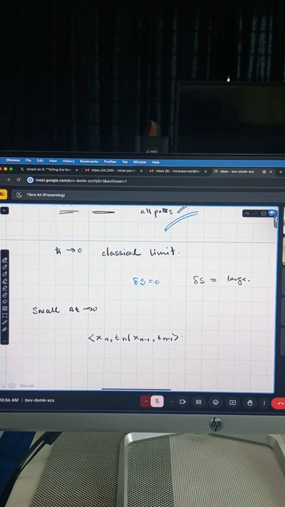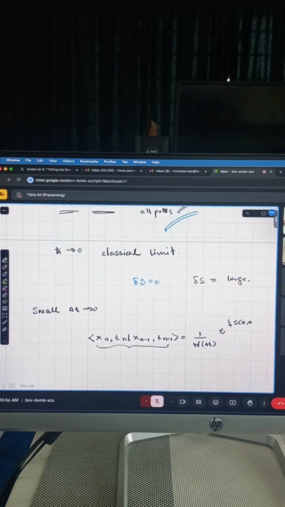But this is for a very small interval. And you see that this has the dimension of length because it's got integrals in it over space. Therefore, there has to be a normalization factor so that this expression is dimensionally correct.